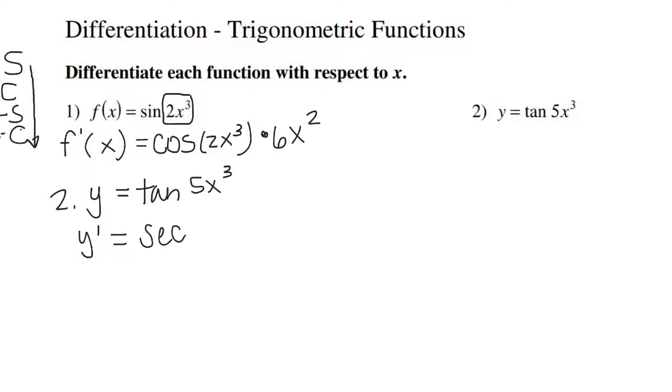Secant squared of that same angle, 5x cubed, right? Derivative of tangent of an angle is secant squared of that angle, and then it's times the derivative of that particular angle. What's the derivative of 5x cubed? 15x squared. Perfect. Bam.